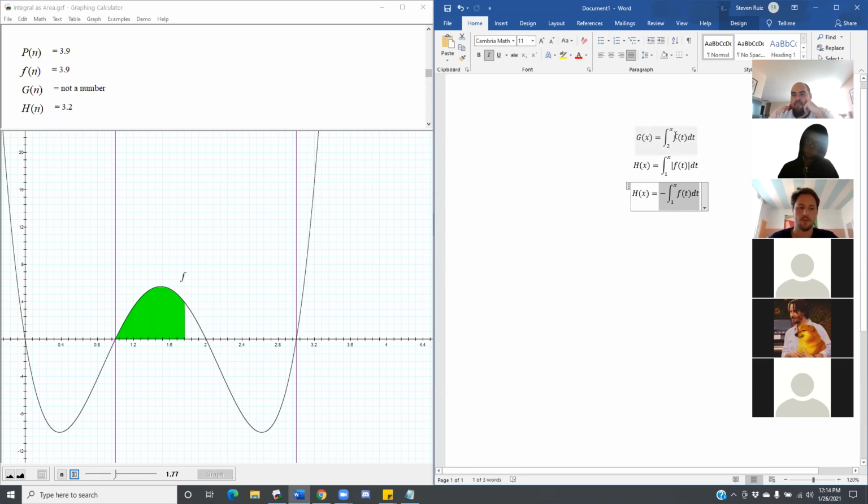That's a good thought though, but I think the limits here are going to get you. Like if x is equal to 1.5, I think h would give you what you want, but I think g would give you something negative. All right, any other ideas?